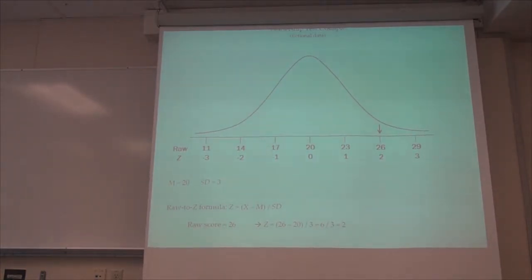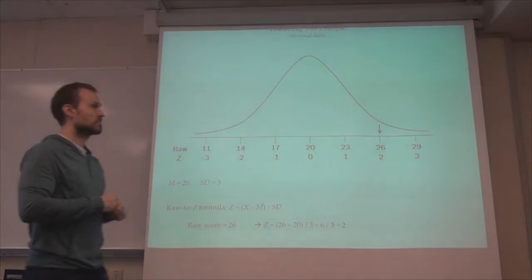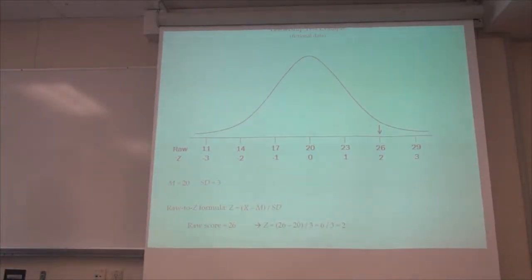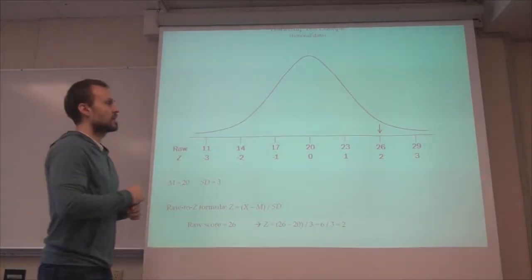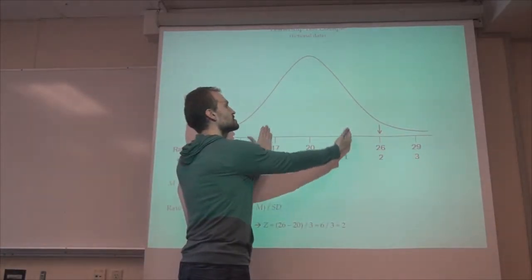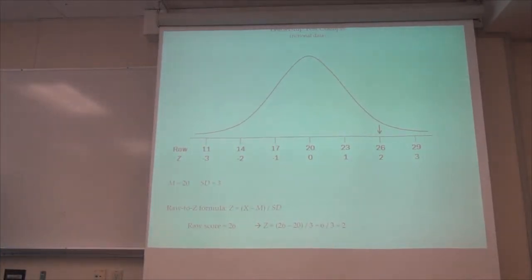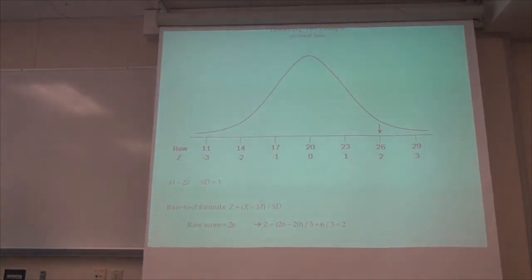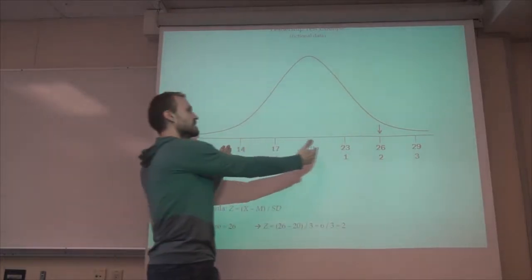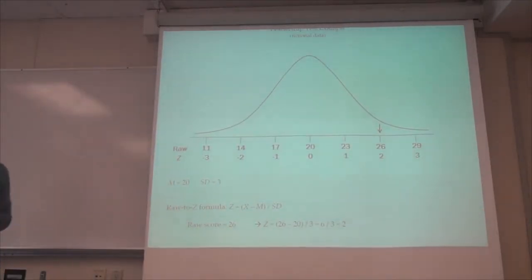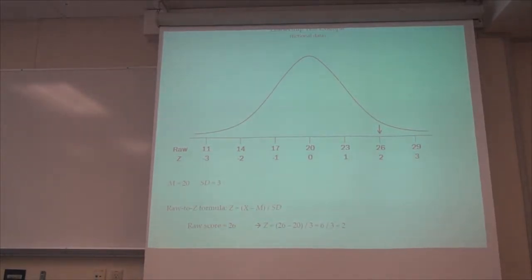A score of 26 here is a very good score. It's 2 standard deviation steps away. And in general, with this normal curve, 1 standard deviation step on either side covers around 65% of everything I'll see. If I go another standard deviation step in either direction, around 95% of all my observations will be covered by that.